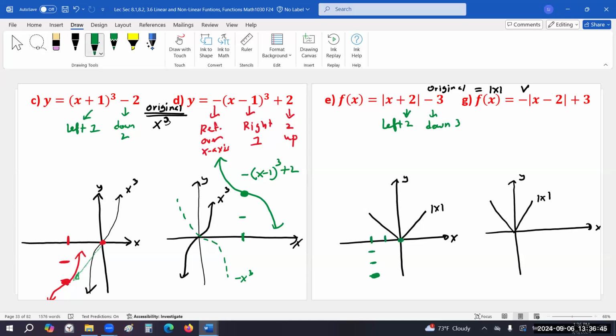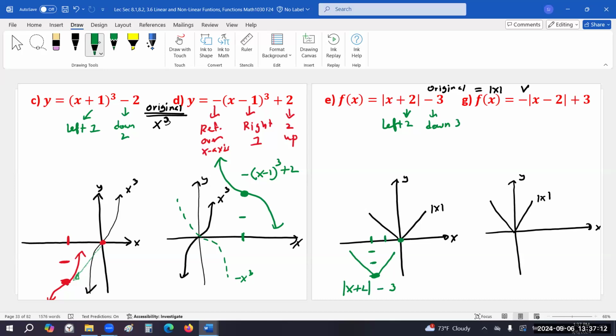So take the origin. Every transformation actually starts from origin, okay? So you take the point we have at the origin and you move around that origin. So we do the same thing, same V, but now a little bit down. Absolute value of x plus 2 with a -3.